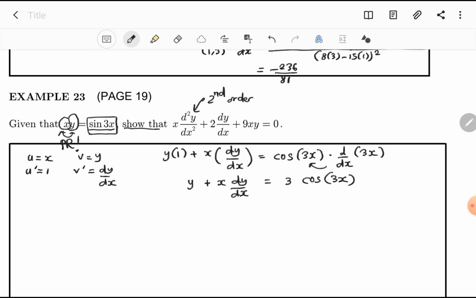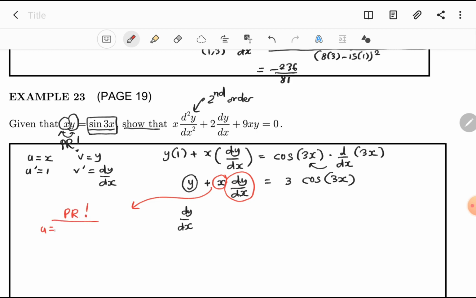And then we need to differentiate one more time. So differentiate y, we will get dy dx. Differentiate x dy dx: here we have x and we have dy dx, so we need to use the product rule.